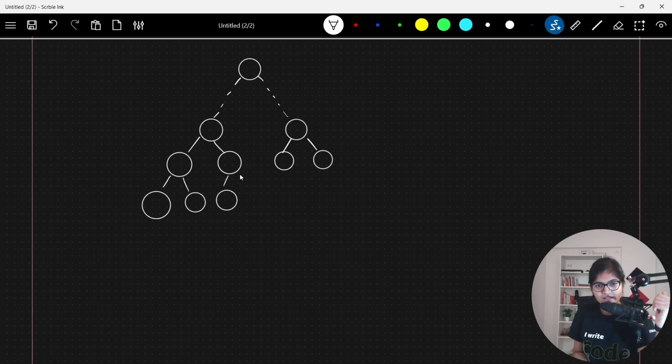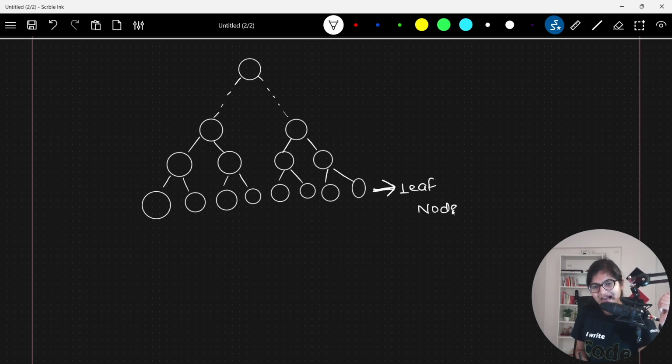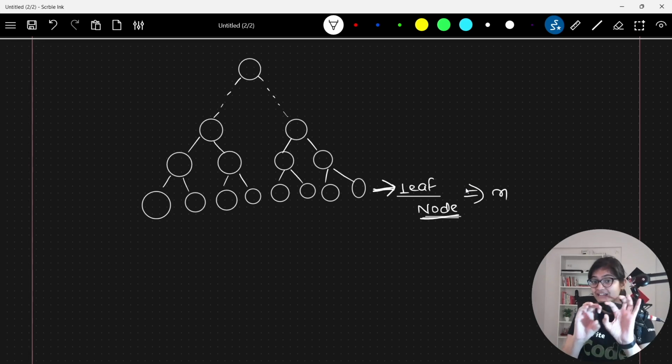Fine. So here you can assume that this is the leaf level, and consider that the number of nodes at this leaf level is n. Okay, the number of nodes I have at the leaf level is equal to n.